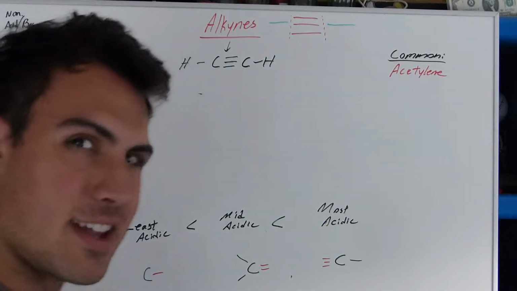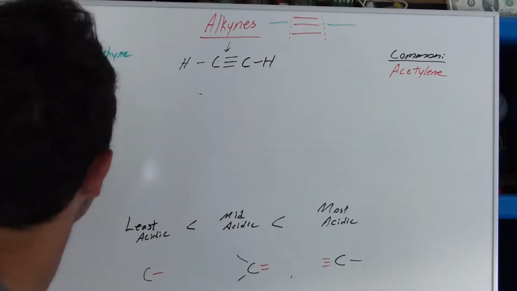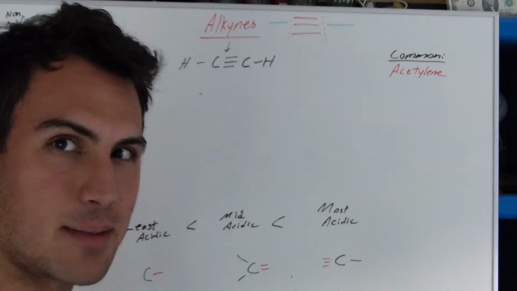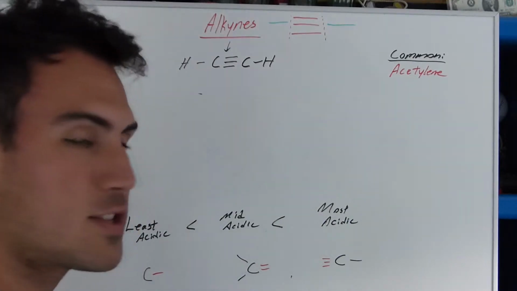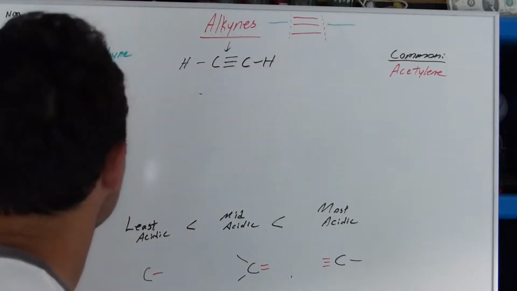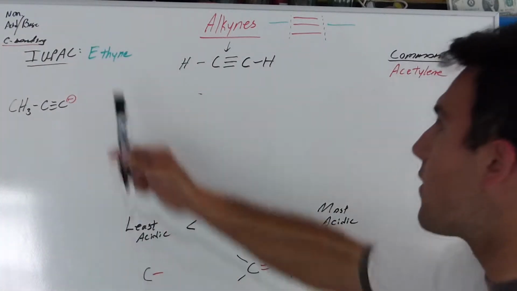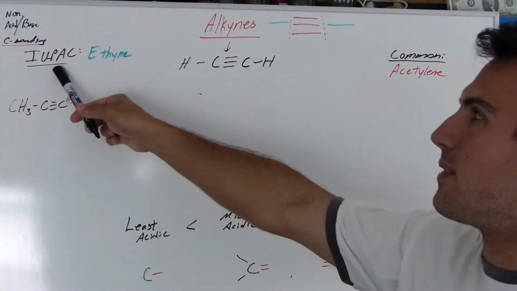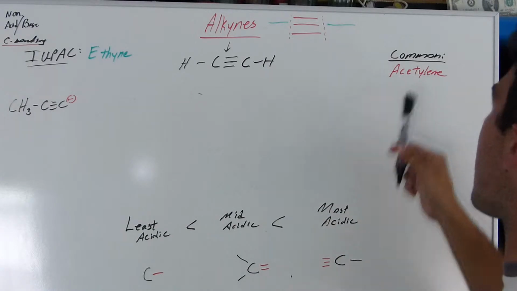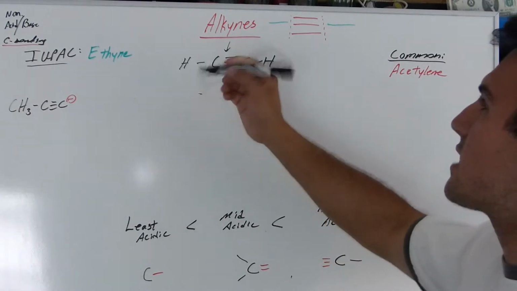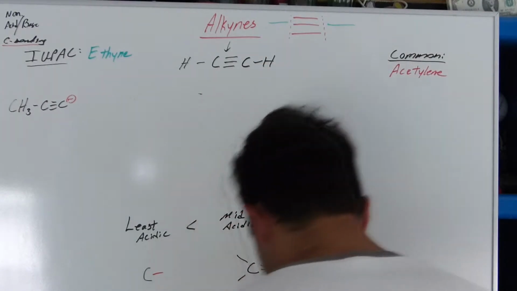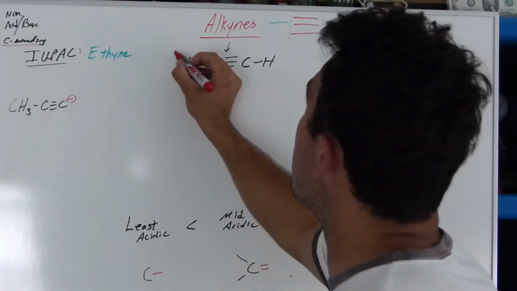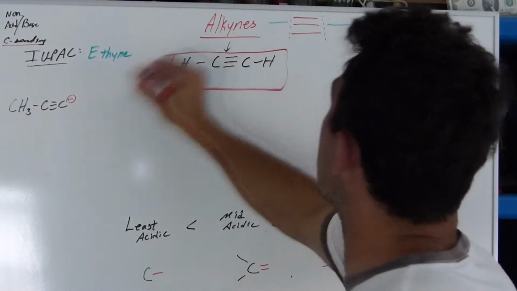So a big thing with alkynes is the names. I'm going to talk about just 2 basics. So right here we have the IUPAC name and we have a common name. This chemical right here, ethyne.